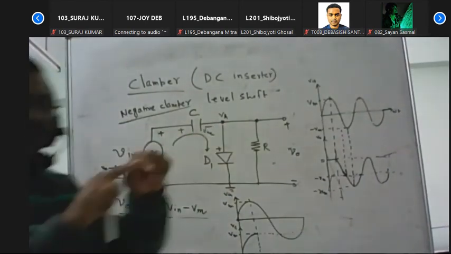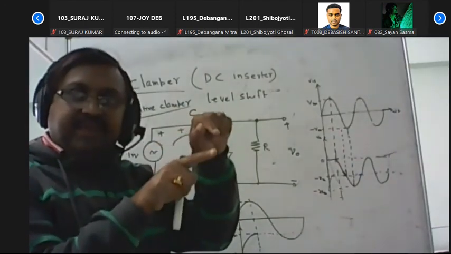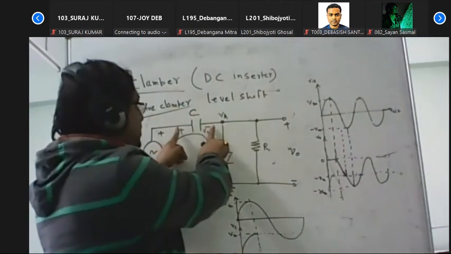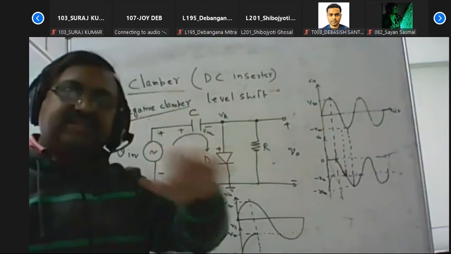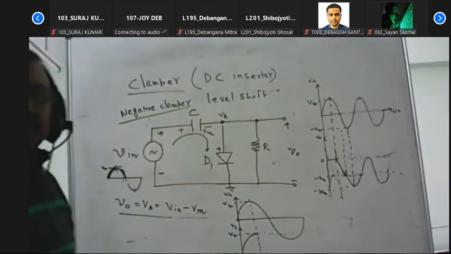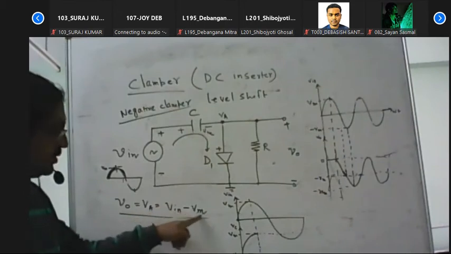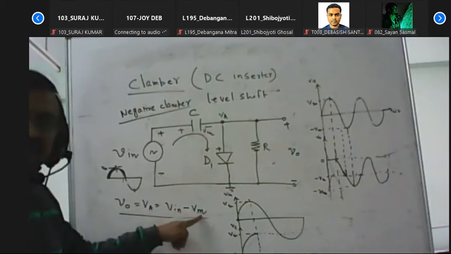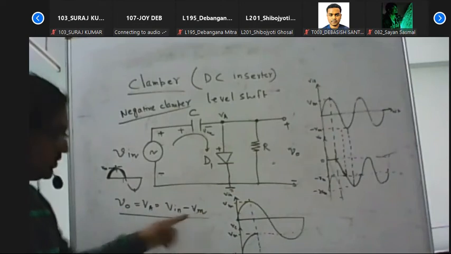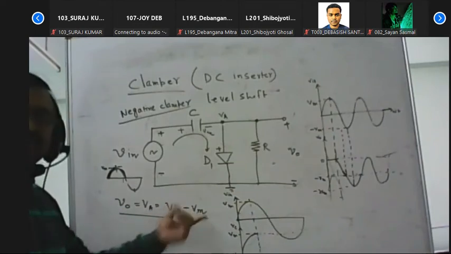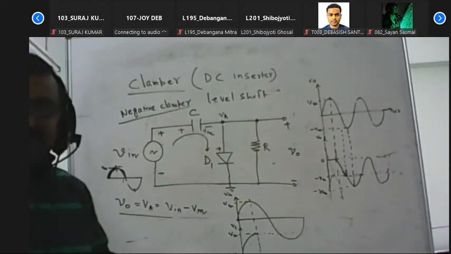So now the input signal is less than Vm, but the voltage across the capacitor will be constant at Vm. Then Vin is less than Vm, and the voltage across the capacitor is equal to Vm. So Vin minus Vm, that term must be negative.